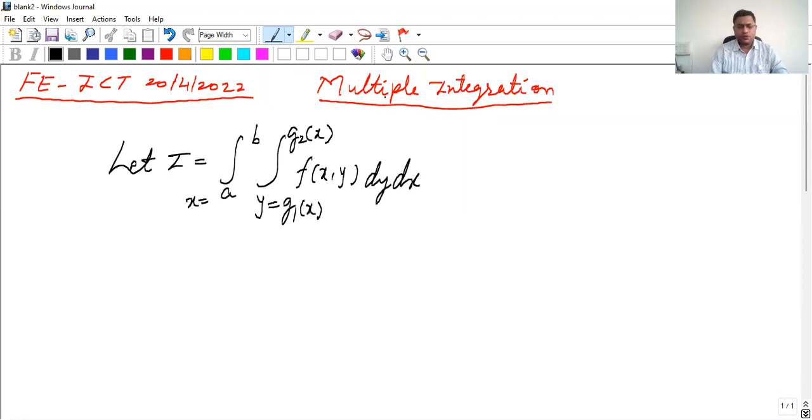When we consider multiple integrals, the most important thing is the order of the integration.